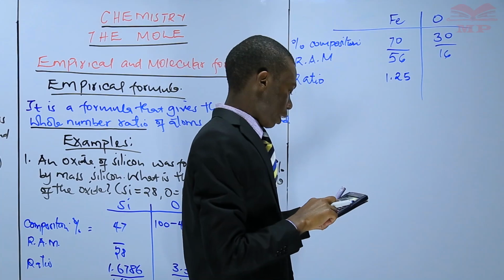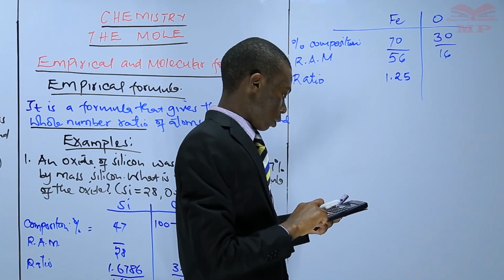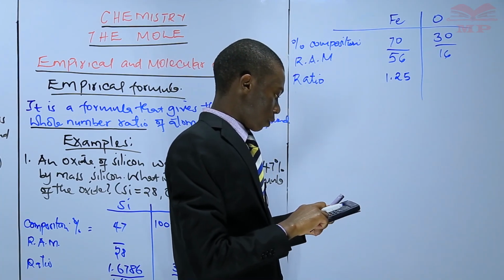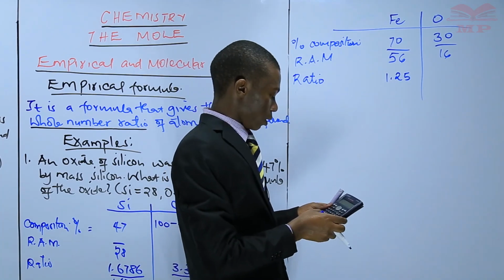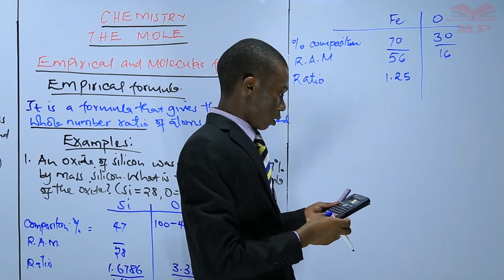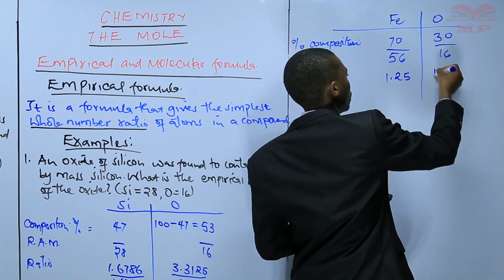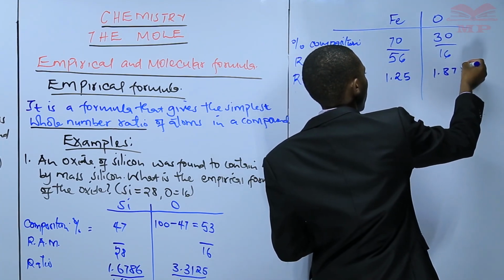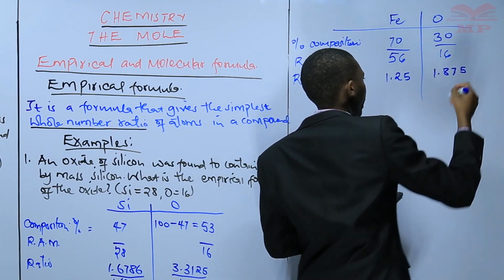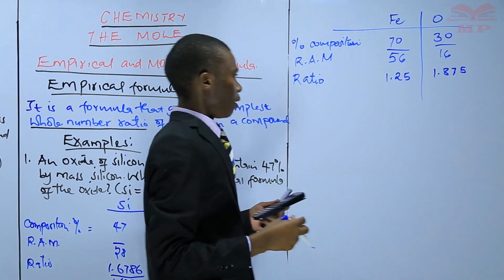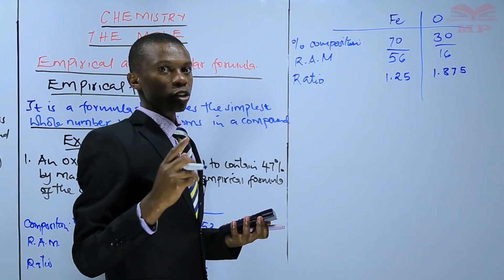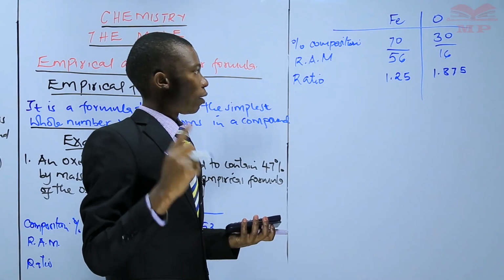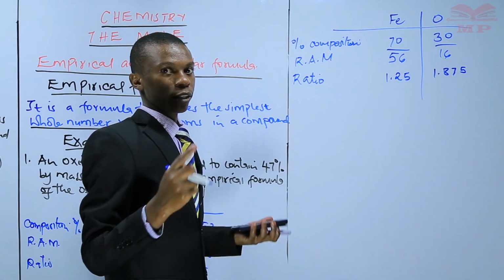And oxygen, 30 divided by 16, is 1.875. Then you divide by the smallest among the two.